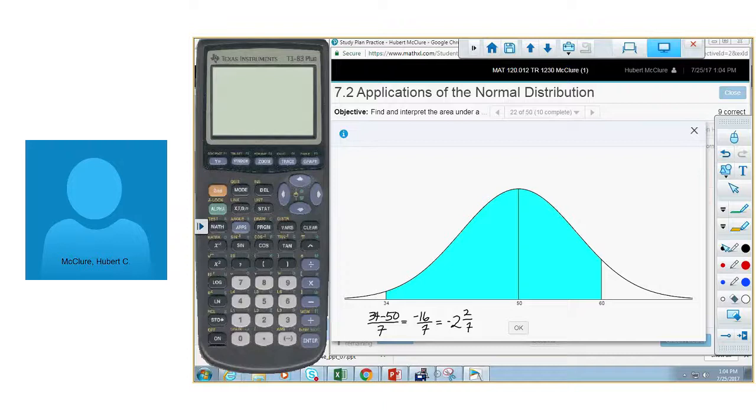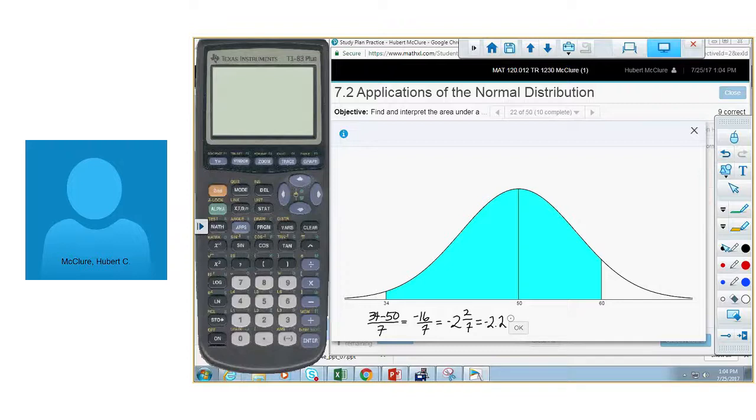Around 0.3, what is it? 0.2857. Okay, negative 2.857, which is 2.86. 2.28, 2.29, right? 2857.